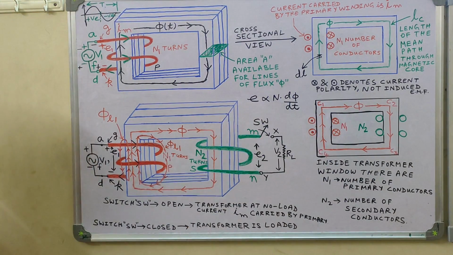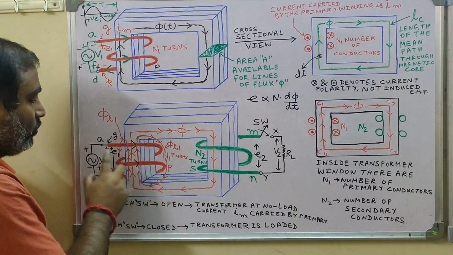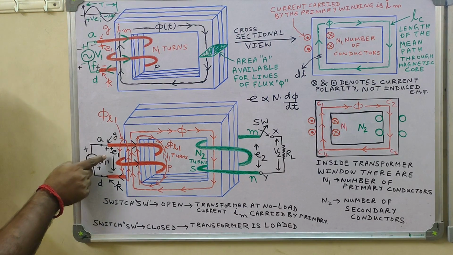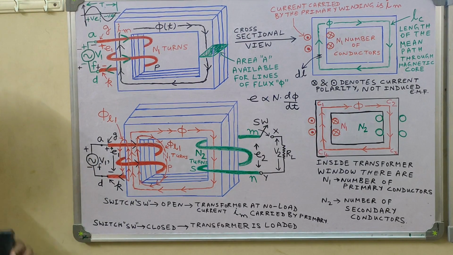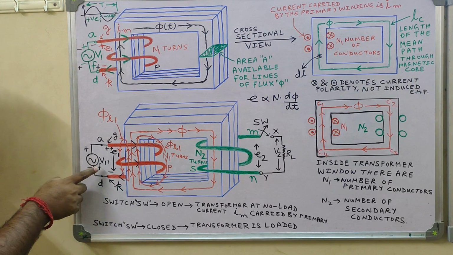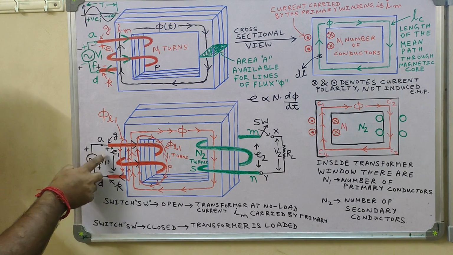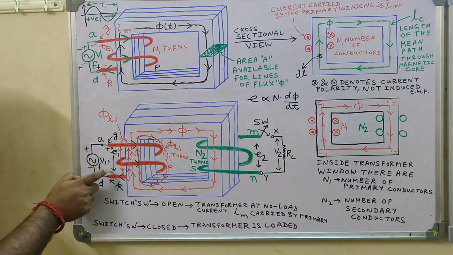Now, before we complete it, let us think about what the polarity of the induced EMF E1 and E2 would be. I have already indicated the polarity of induced EMF E1 in the primary coil P. The instantaneous value of induced EMF E1 in the primary coil P is denoted by this voltage polarity.